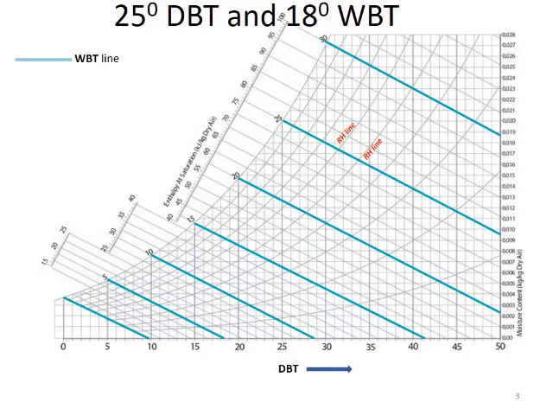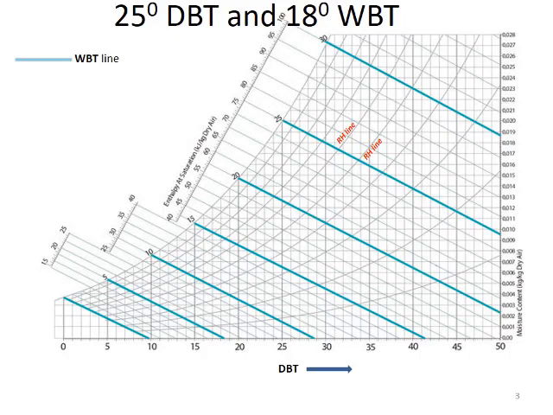Okay, now let us study how to locate a point on the psychrometric chart, and from that point how to find out other property values. To locate a point on the psychrometric chart, any two parameters have to be known.